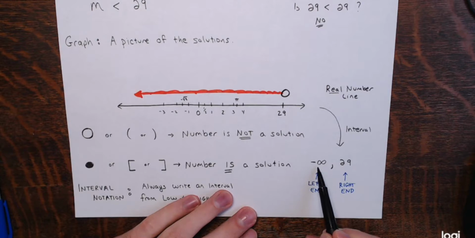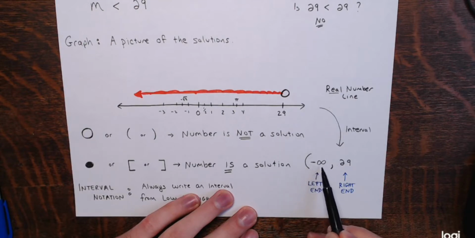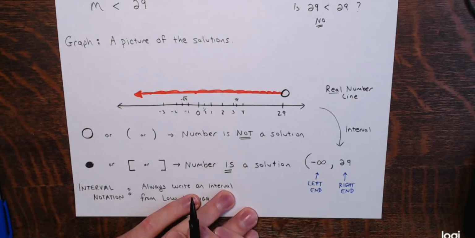Now, infinity, negative infinity, those aren't numbers. They're ideas. You can't plug in infinity. You can't plug in negative infinity for a variable. So you always have parentheses capping infinity or negative infinity. The parentheses will indicate that negative infinity is not a solution, right? Because it's not a number.